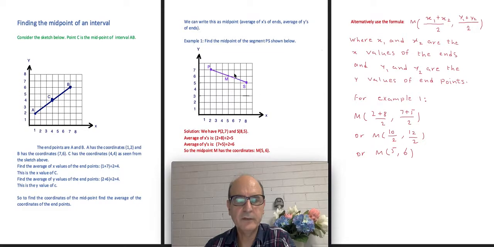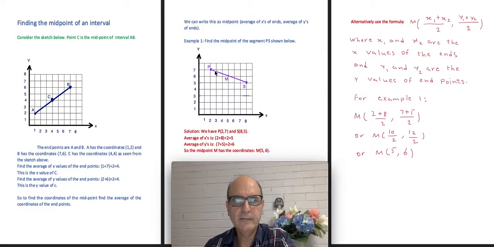Let's have a look at an example. So here they have given me the point P with an x value of 2 and the y value of 7, and the point S with an x value of 8 and a y value of 5. So I have an interval PS and I want to find the coordinates of the midpoint of PS.